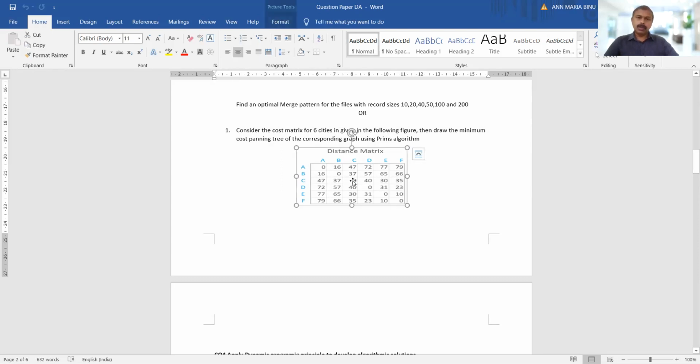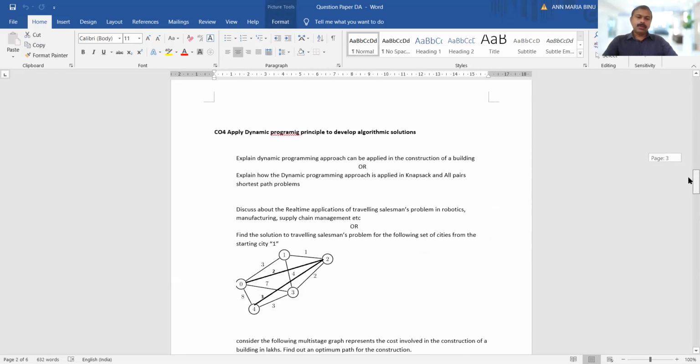Here a cost matrix is given, and he must know how graph theory can be applied to convert this cost matrix into a graph, and later an algorithm design technique has to be applied to draw a spanning tree of this. So this is really an application-oriented question, raising the higher levels of Bloom's taxonomy.